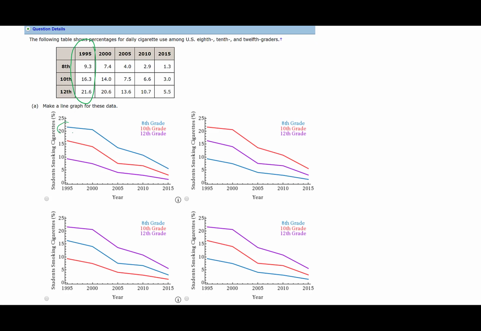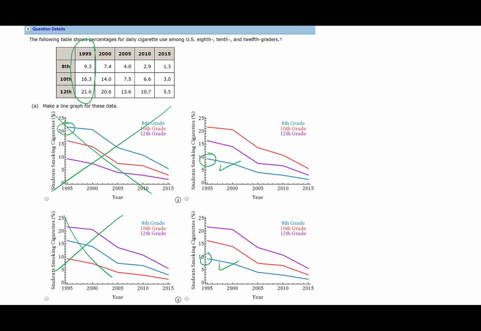And do you see this blue line in the top left is much higher than 9.3, so you can mark that one out. Top right, it does appear that the blue line is about 9.3, so this one is okay for 8th grade. Bottom left, the blue line is a little past 15, so that one is not correct. And then the bottom right is correct for the 8th grade.